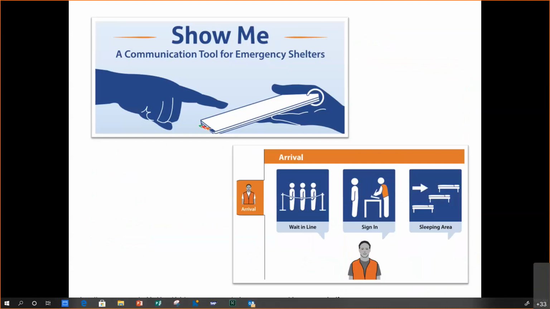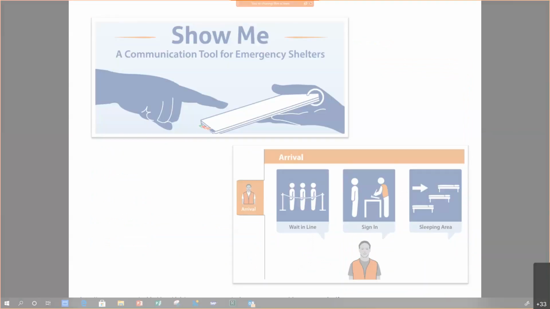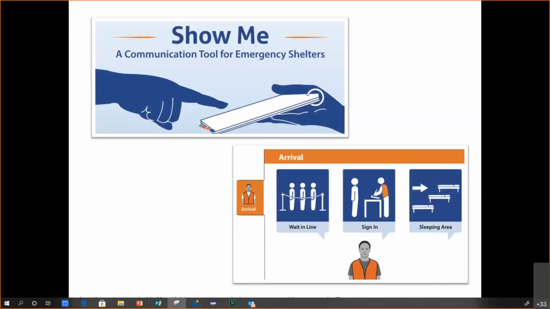So we talked about the Show Me Tool a little bit yesterday. We have it in the form of a little booklet, or it is an app. And this is a good way, one of those low tech, depending on the format you use, ways to help with communication, allowing people to point to pictures and giving shelter workers some ideas for how to help with that communication process.